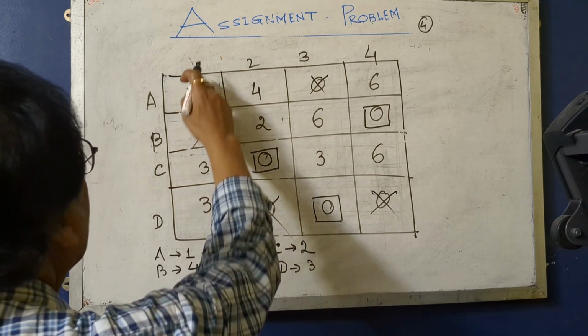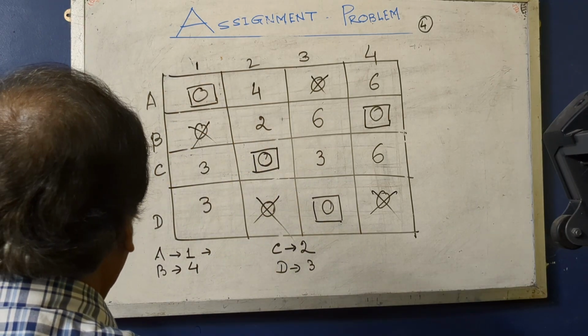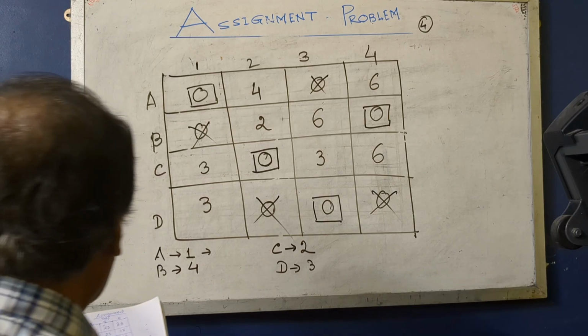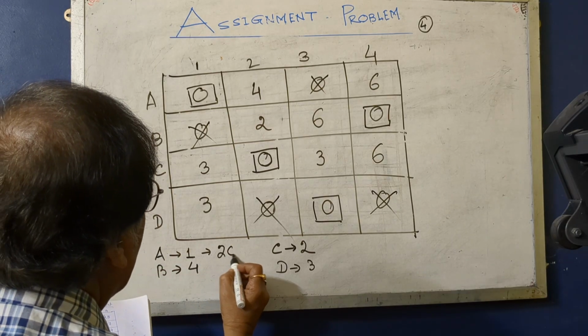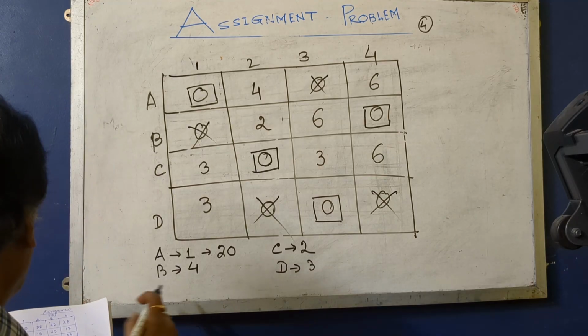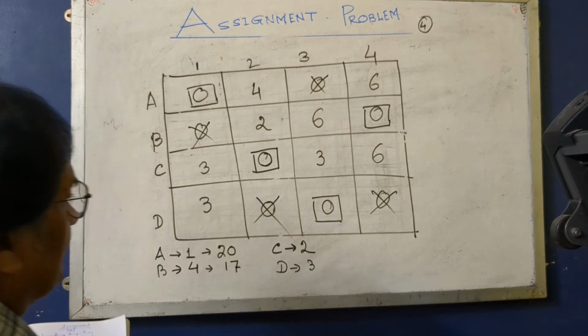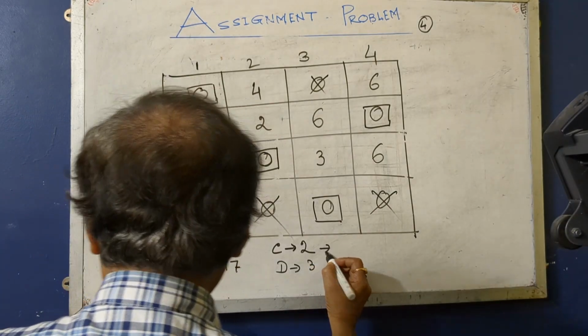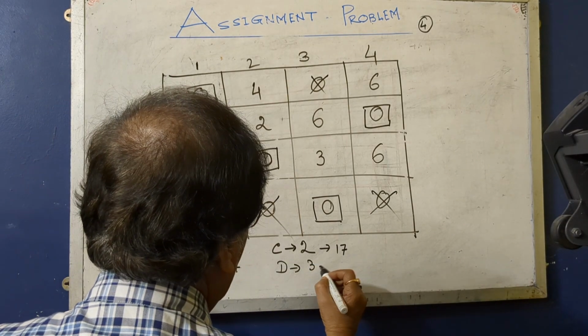For A to 1, you go to the first table and take the time from that table. A to job 1, the time is 20 hours. B to 4 is 17 hours. You check the first table. C to 2 is 17 hours.